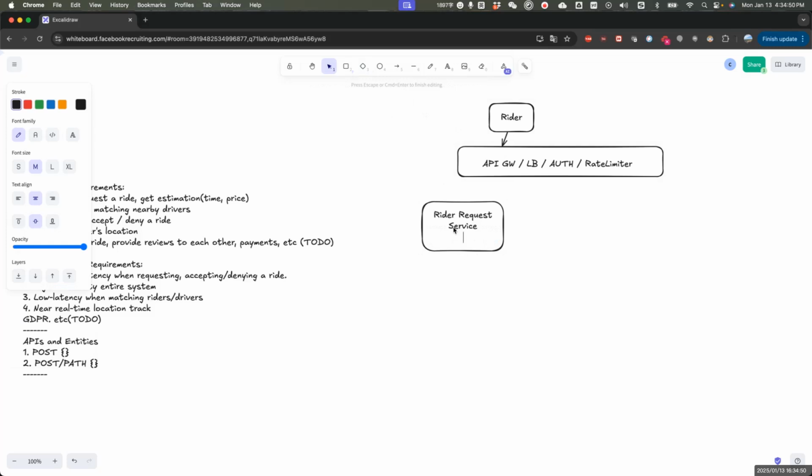What this service does is take the rider's request. The second thing it does is give an estimation of the time and the price.